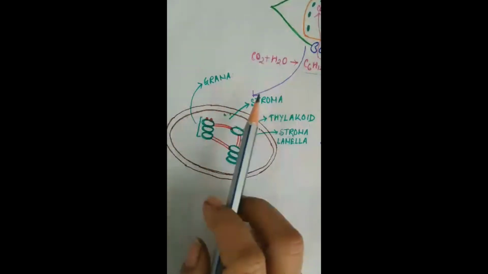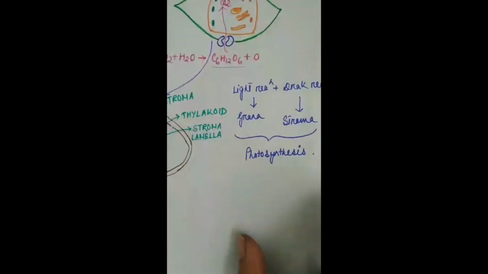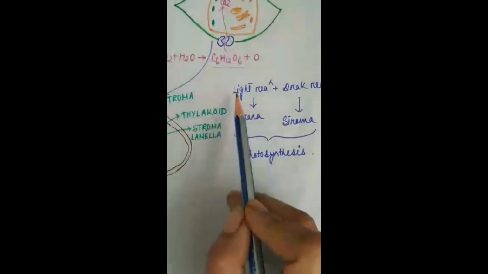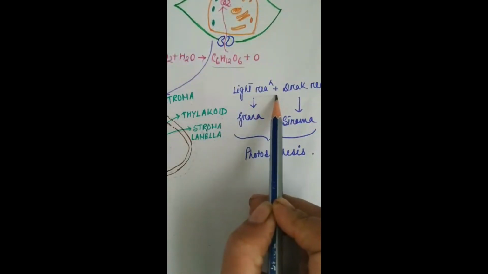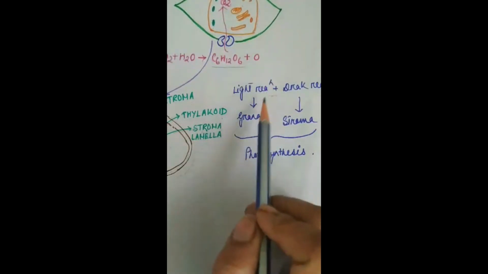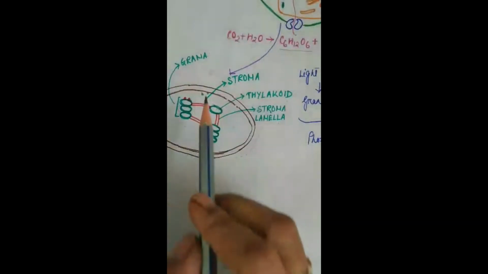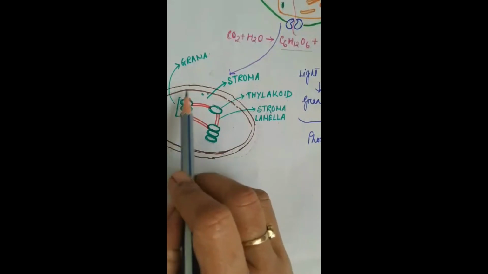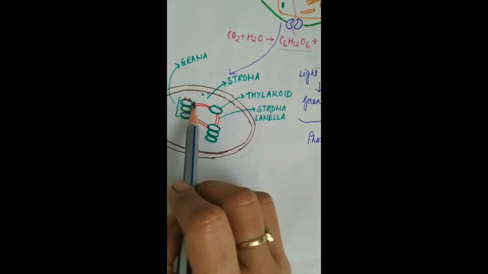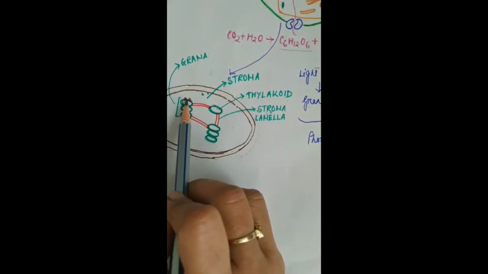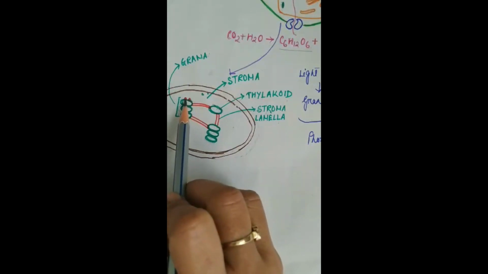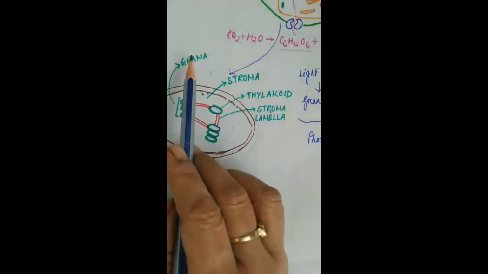But photosynthesis has two parts, one light reaction and one dark reaction. For the light reaction, they need light from the sun, which is trapped by the pigments present in the grana.